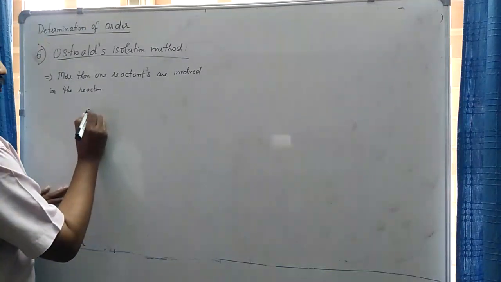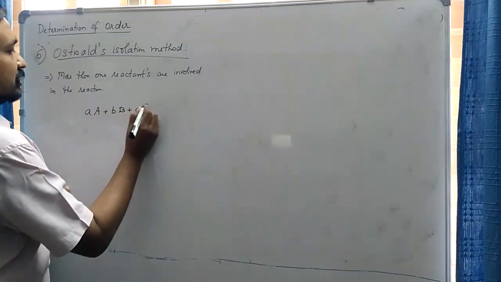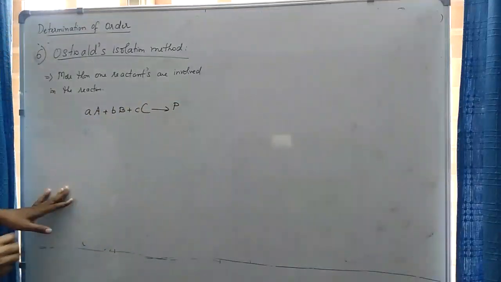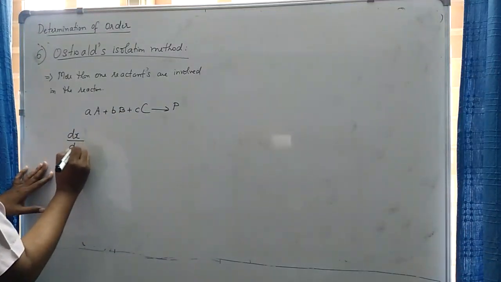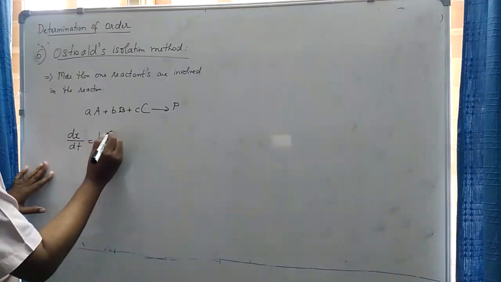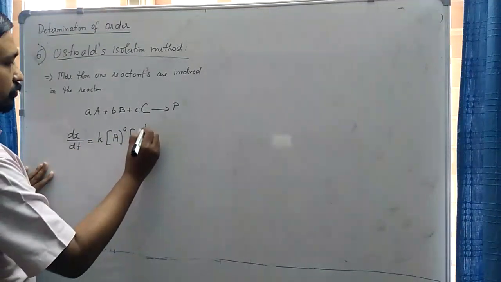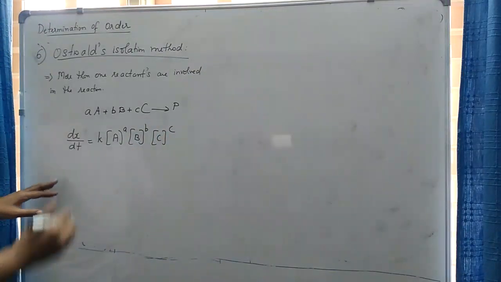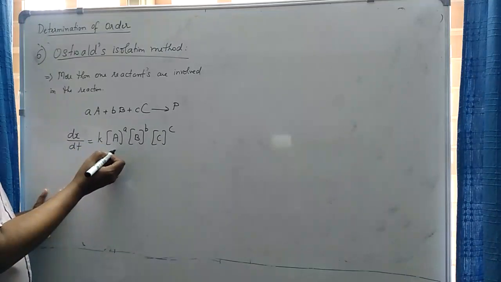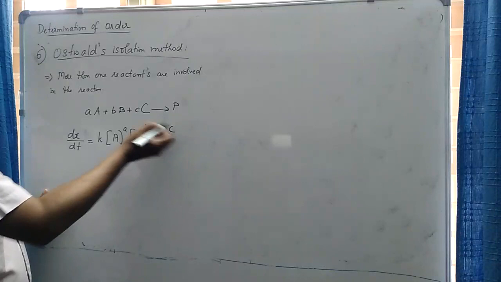Suppose I have a reaction A plus B plus C giving product, and the rate equation for this reaction is k into concentration of A to the power a, into concentration of B to the power b, into concentration of C to the power c. So the order of the reaction with respect to reactant A is a, reactant B is b, reactant C is c.